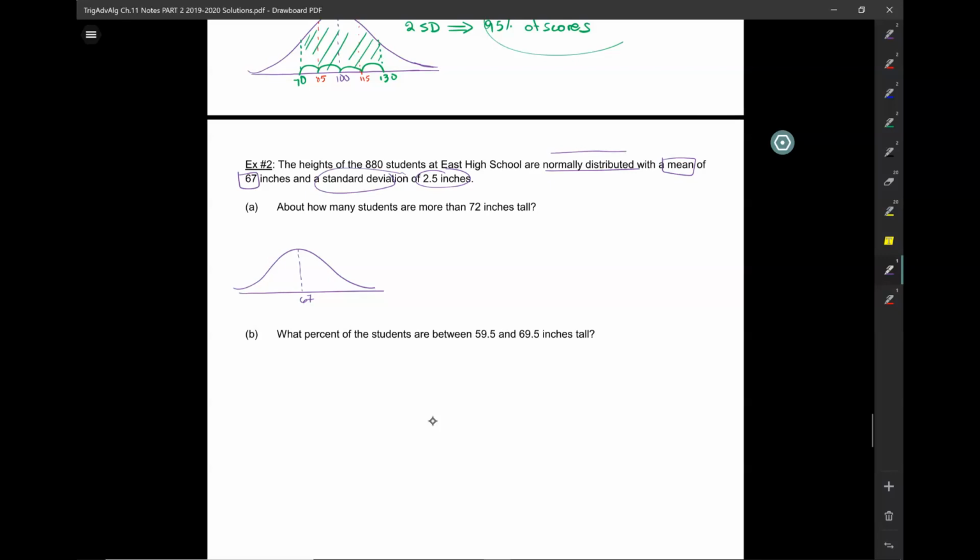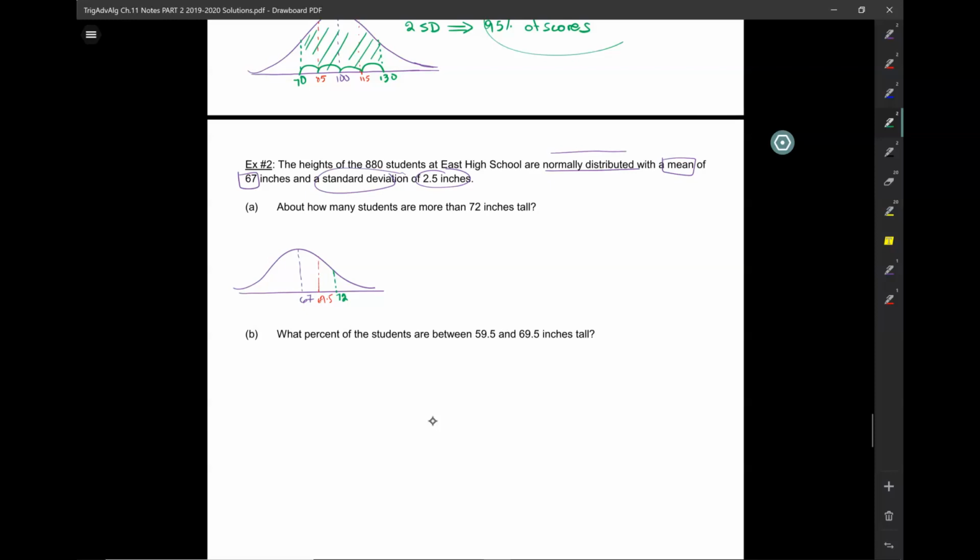So I really don't need the left part of the graph. So let's just go over here. I add 2.5, now I'm at 69.5. And then I add 2.5 again. Now I'm at 72.